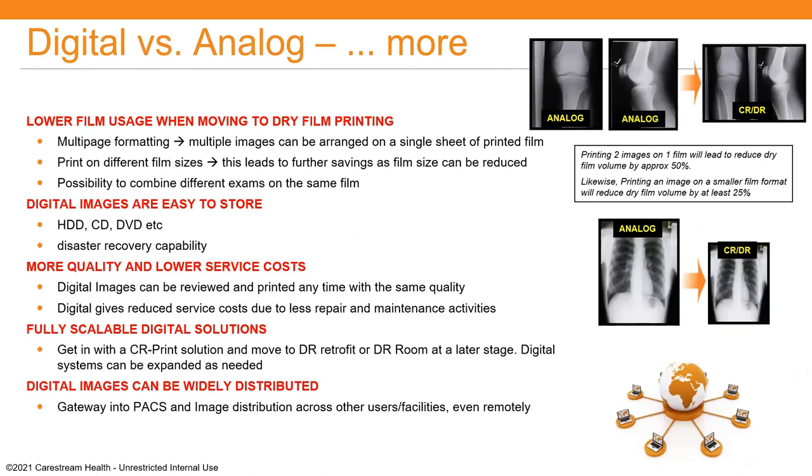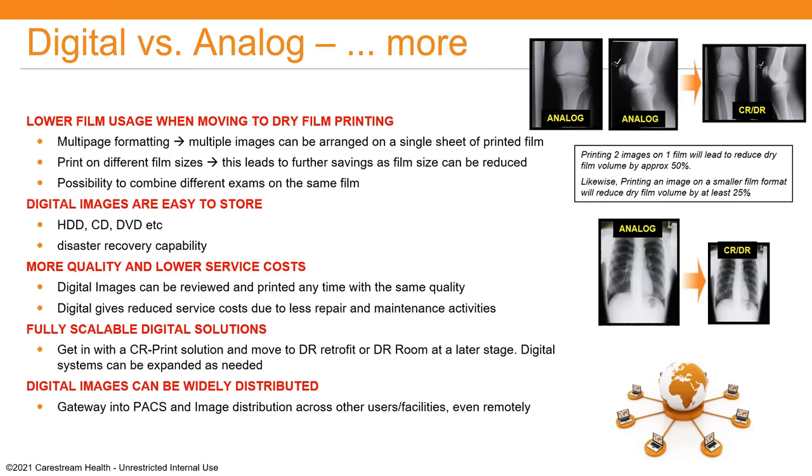Okay, so just some more elements here. I put lower film usage at the top of the slide, because someone can say, yeah, but now I'm using analog film, and tomorrow, if I go into the digital workflow with the printer, I will be producing film. Yes, that's true. But the convenience is that you can consolidate more images on the same film. Today, you cannot do it with analog.